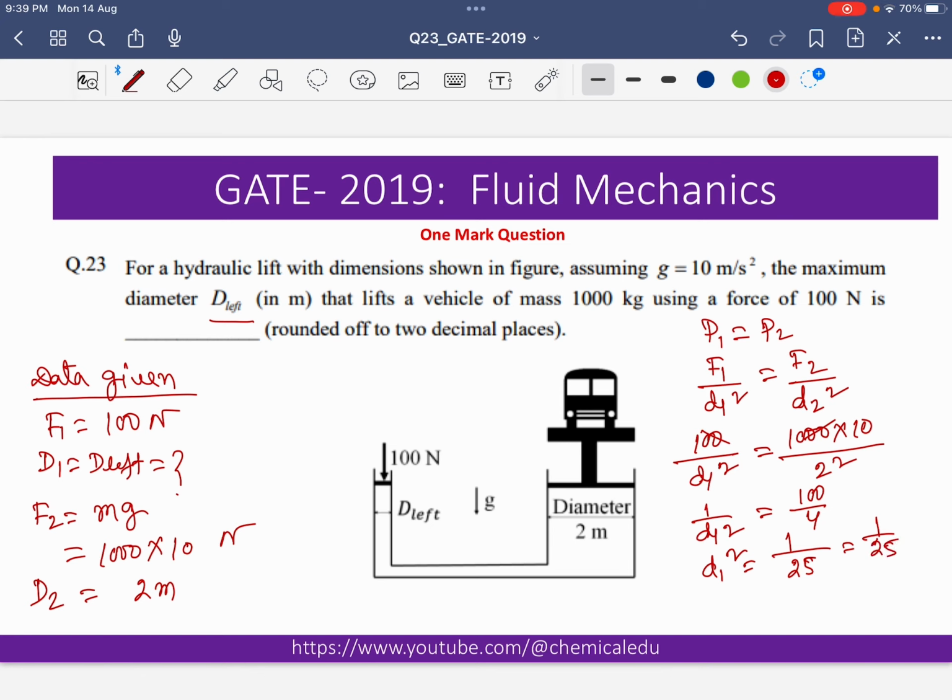Now we have to calculate D1. D1 will be the root of 1 by 25, that is 0.4.